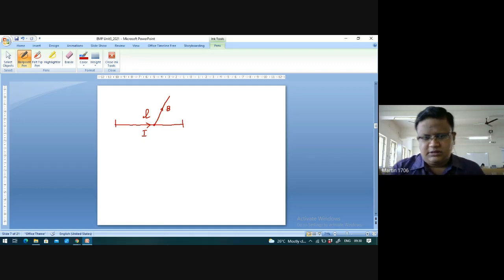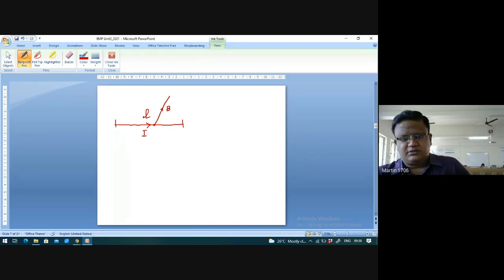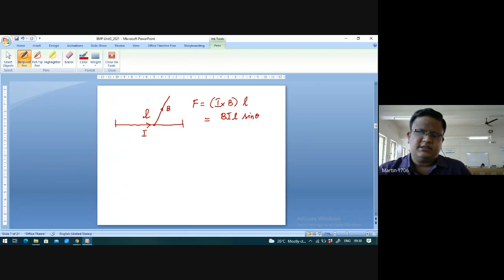So what is the force induced on it? The force is equal to I L cross B. So I L cross B is nothing but B I L sin theta. Maybe you studied this expression in your 12th standard physics.